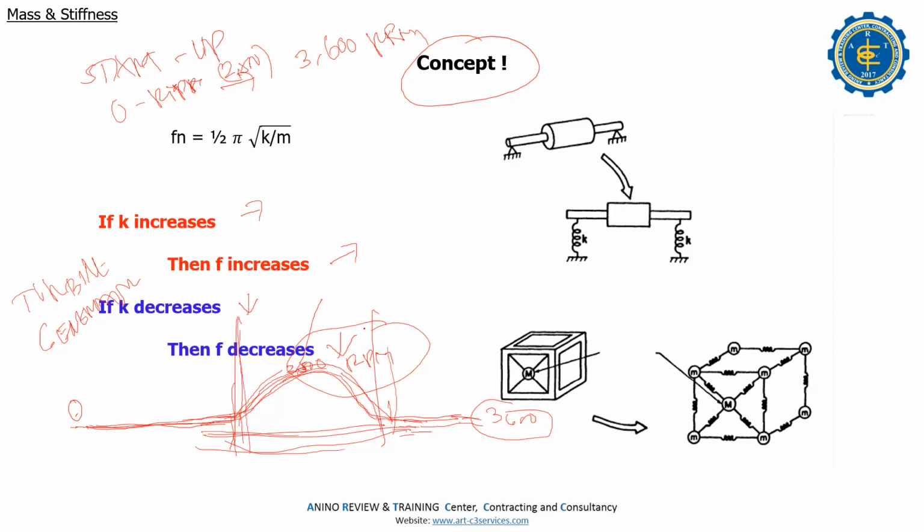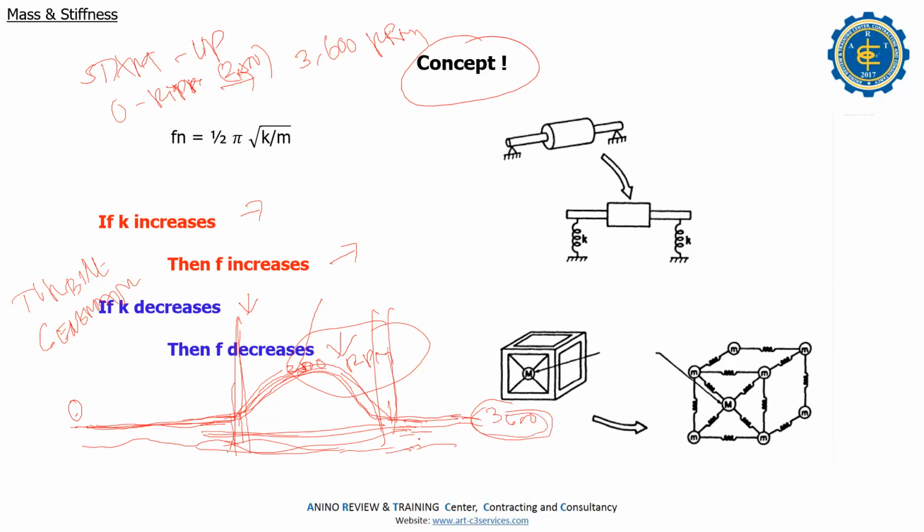That's why you must know the critical speed, so that if you travel slowly, this time you must pass directly through the critical speed, and then run to the operating speed.